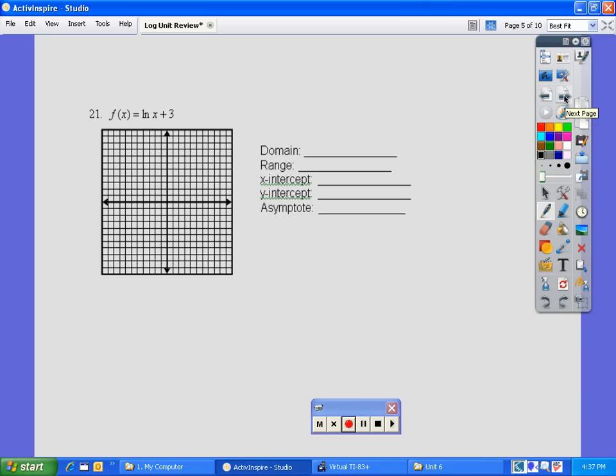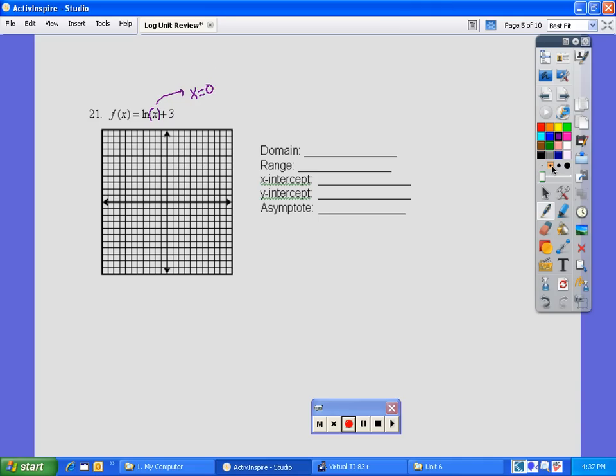Alright, the next graph is an ln graph. So when you don't have parentheses, you want to create your own parentheses. You want to put parentheses around anything that should have them but doesn't, like the x. Because remember I told you that for the asymptote, you're going to set what's in the parentheses equal to 0. Well, since 3 is not in the parentheses, you're only going to set x equal to 0.